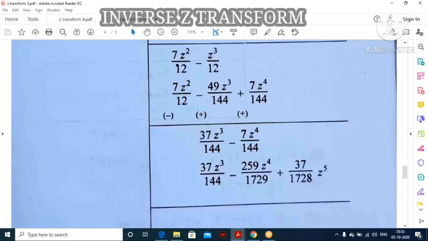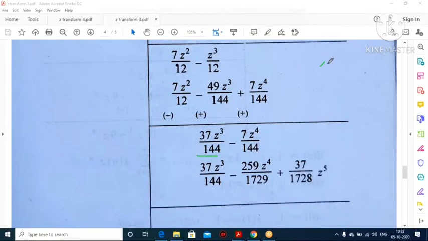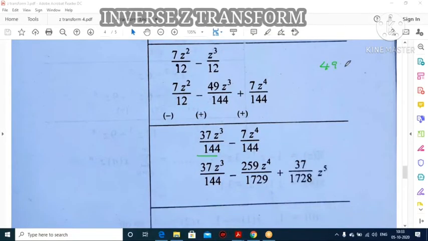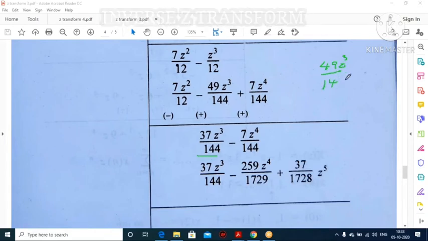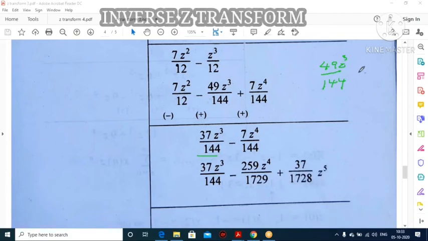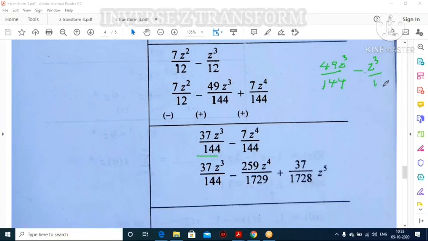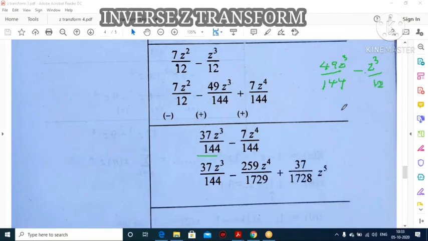See how I get this step. Here plus 49 divided by 144, and here minus z cube divided by 12. Now take the LCM here. I will take the LCM as 144.